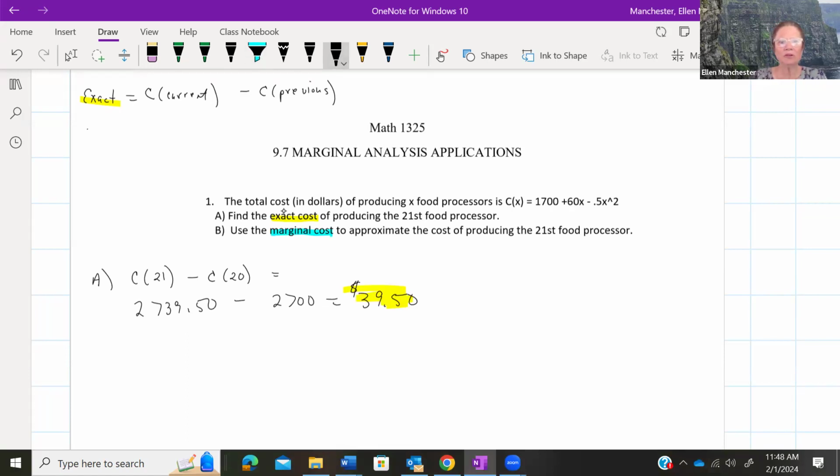Okay, so marginal, which is approximate, means you're going to find the derivative of the previous. So one less. So go ahead and do that one. And then in the chat, put your answer.